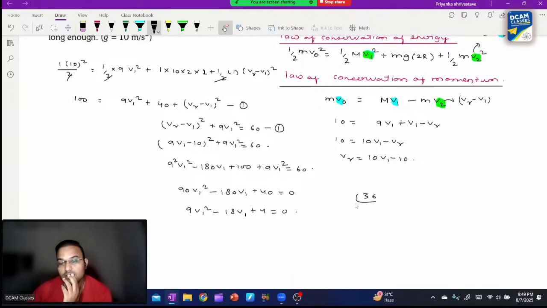How to solve? Sir, is there any root? No, we have to use quadratic only.